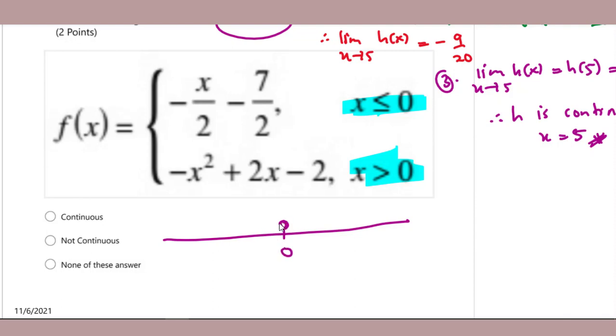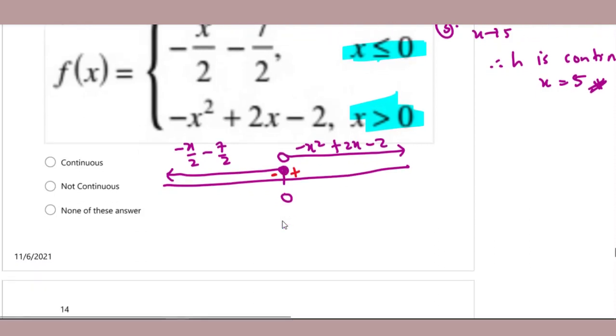When x is less than or equal to 0, the function is negative x over 2 minus 7 over 2. When x is more than 0, the function is quadratic: negative x squared plus 2x minus 2. Then we're going to discuss the continuity on the left and on the right.